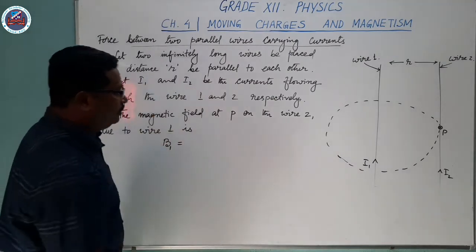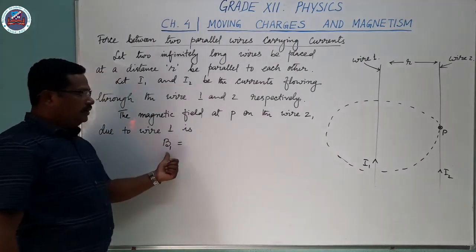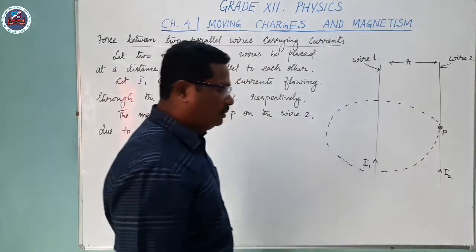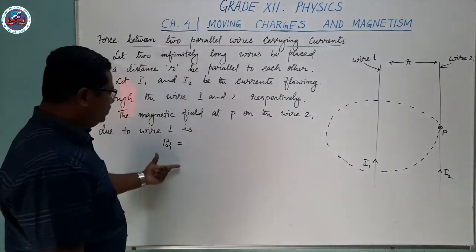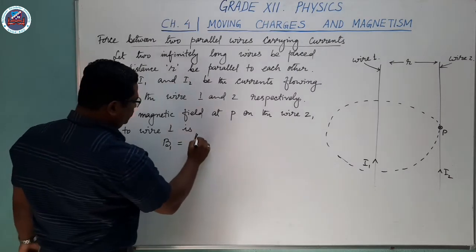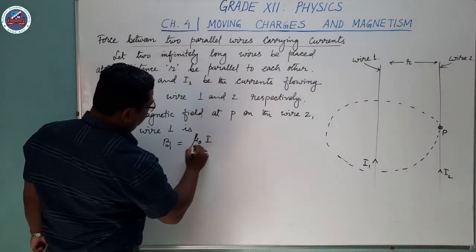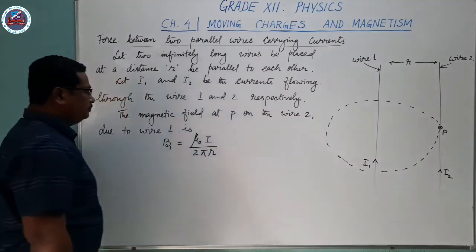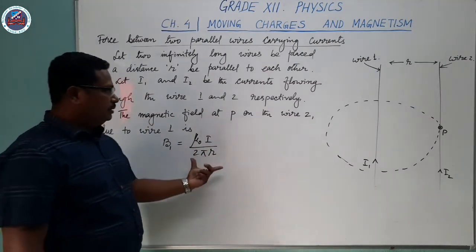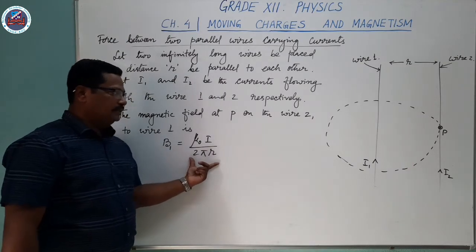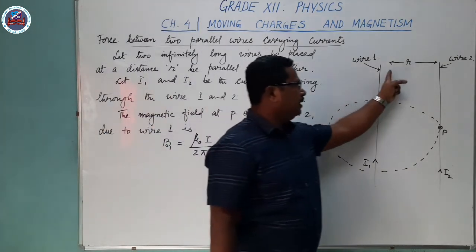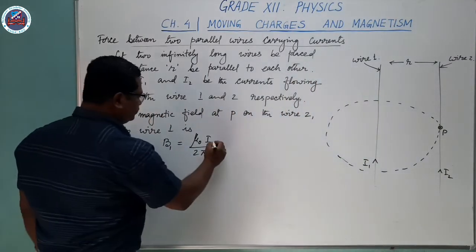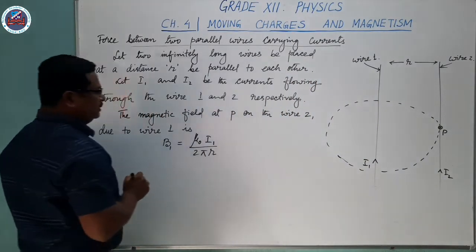This is due to wire 1. The magnetic field due to a long straight conductor of infinite length, we have come across before while doing Ampere's circuital law. The formula is mu naught I divided by 2 pi r. Distance is r, and this is because of current I1. So here I will write I1.